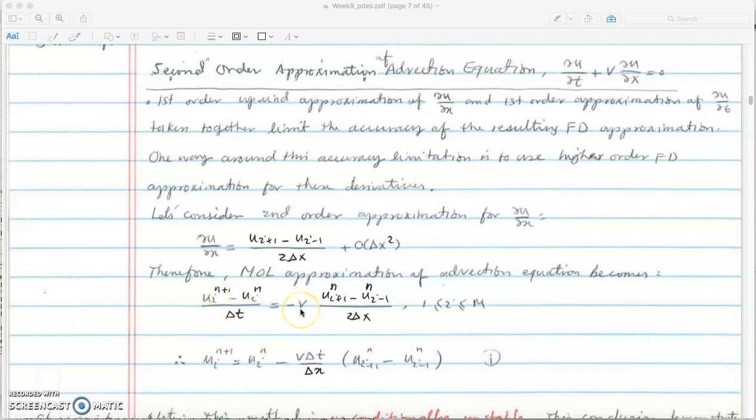And then on the right side, we're using central difference in x. So we're going to have minus v because we move this term to the right side. So we get minus v, and then we have u_(i+1) minus u_(i-1), both at time t_n, because we are doing forward in time. So forward in time, the right side should be at time t equal to n. And then divide by 2 delta x, because this is central difference in x.